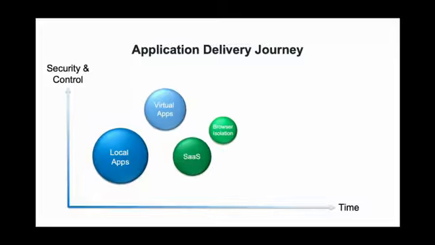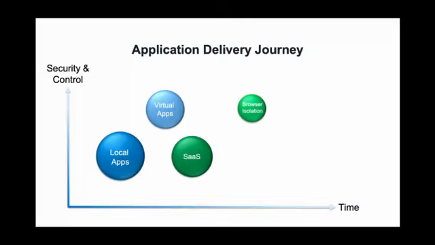And this is where browser isolation enters the fore, right? So in exactly the same way that local applications became virtualized and they were delivered to an endpoint remotely via a thing called brokering, that's exactly the principle behind browser isolation, okay?